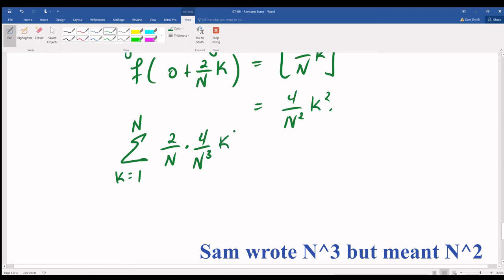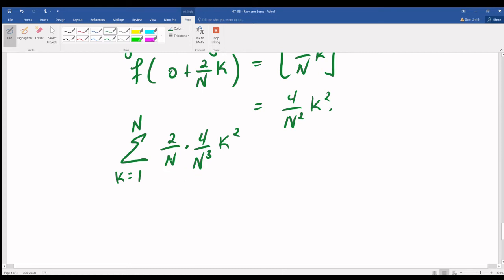In this case, we're still going to have to deal with this capital N. But what saves us is that n, even though we don't know what number it is, does not depend on the value of k.